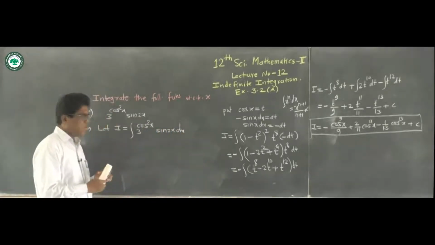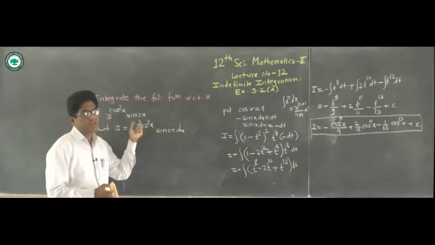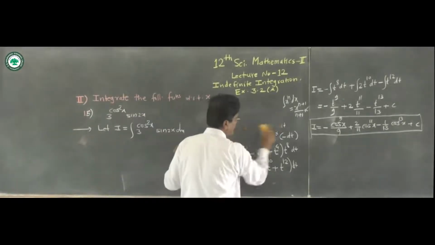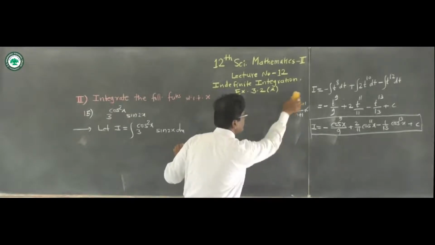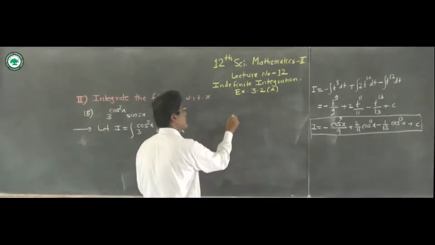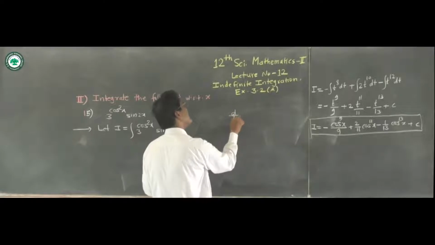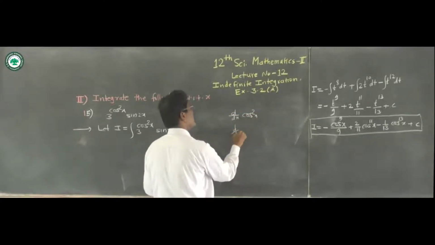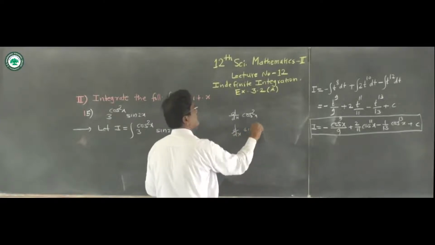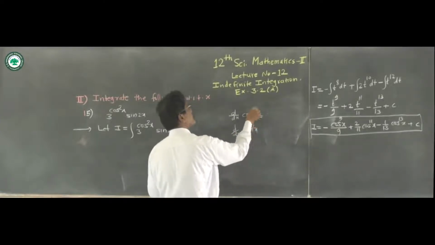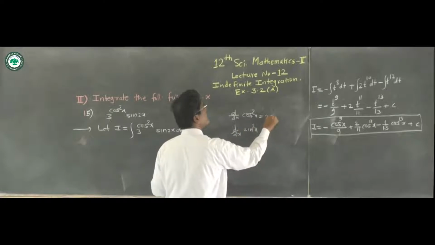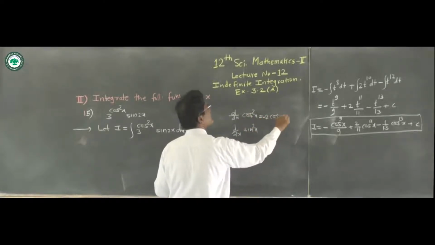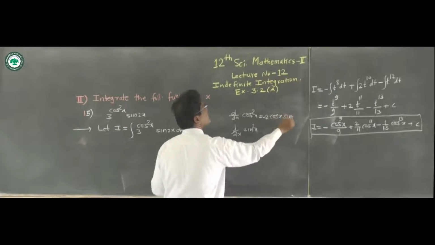Now when there is a cos square x or sin square x, what is the derivative of cos square x, d by dx of cos square x, or d by dx of sin square x? The derivative of cos square x: the 2 becomes a coefficient, so 2 into cos x, and the derivative of cos x is minus sin x, so 2 times sin x with this minus sign.